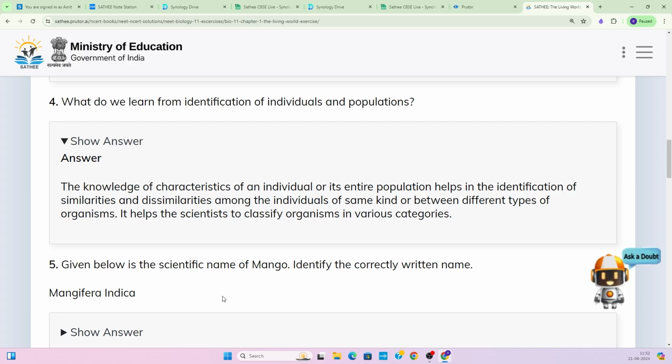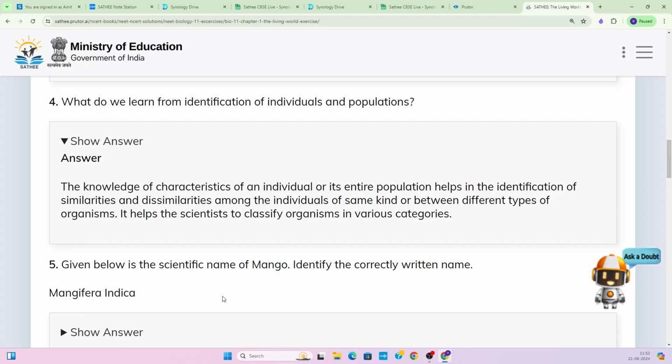When you use the term population, you have a number of individuals of one particular species. Population of human, population of cow. So you are just counting the cows, you are not counting any other organism. So that is the population of cows.